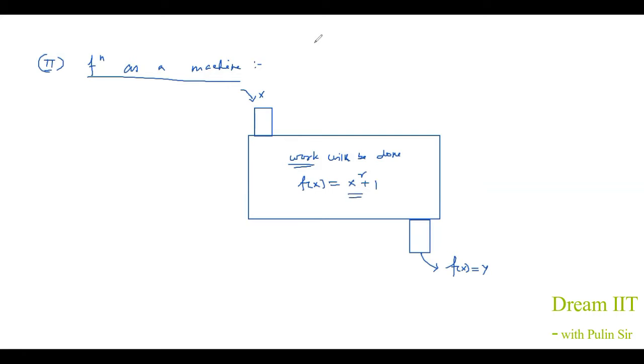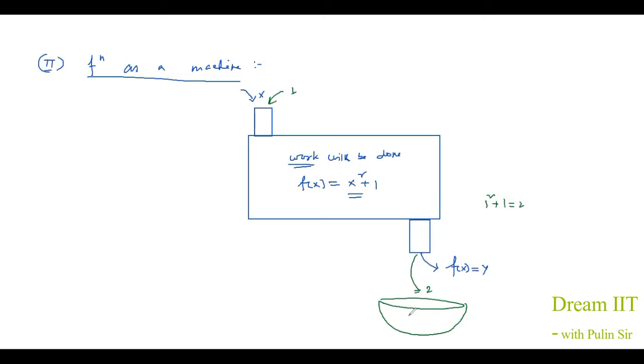Machine does this. Supposing that you give the input as 1, suppose this is a container where you will wait for the output. What output will you get? You will get 2, because once you give 1, the conversion will be 1 square plus 1, that gives you 2.